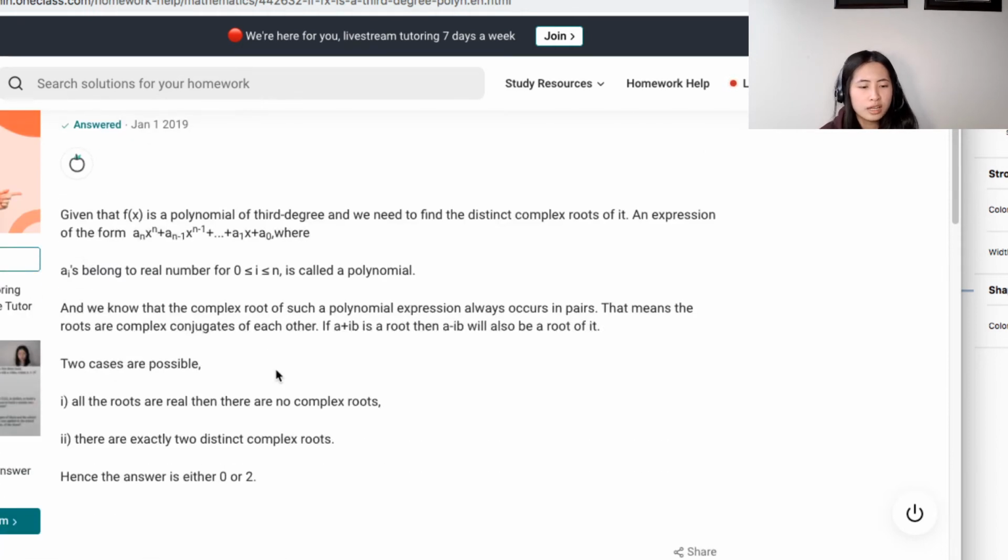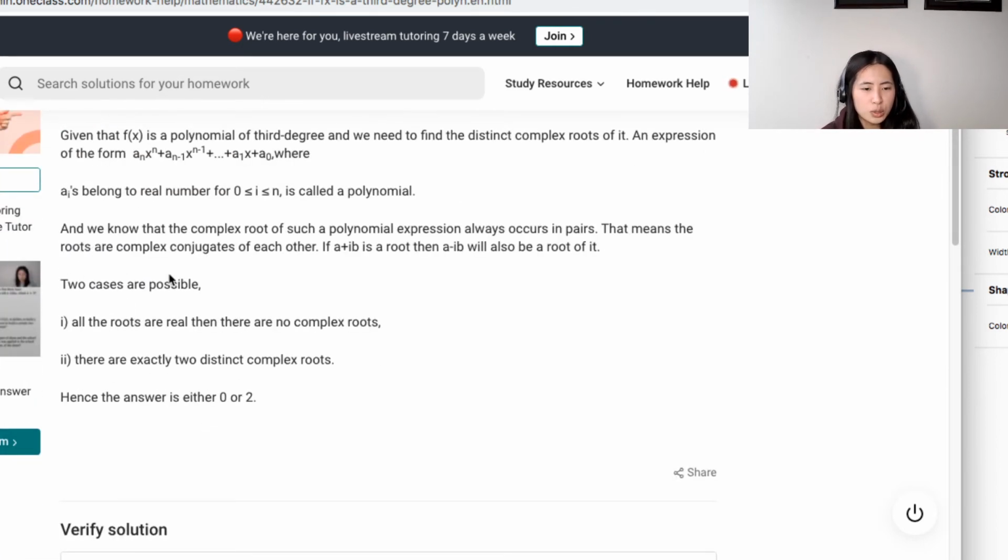So when they say that two cases are possible, which is right, say for example all the roots are real, then there are no complex roots, meaning you can't really factor, you don't have any zeros. That's what they're trying to say. It's basically x cubed, and so on and so forth. There's no factor, right? That's when they're trying to say there are no complex roots.